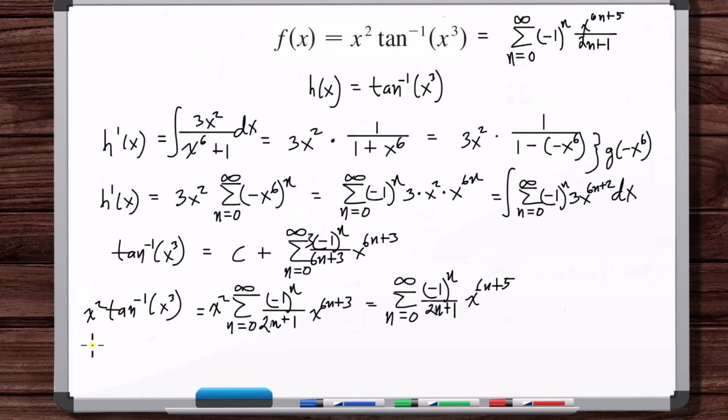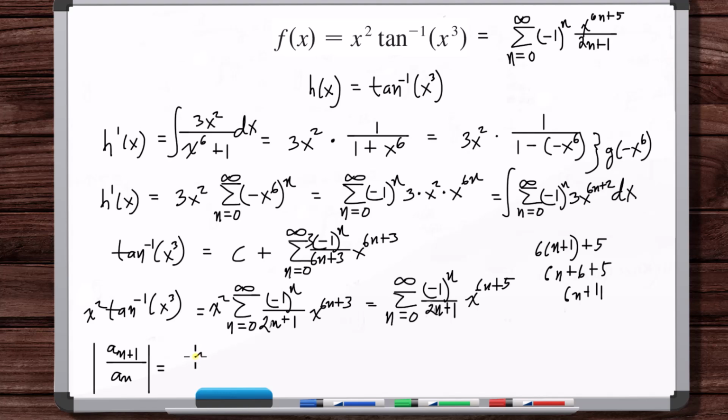So the absolute value of, okay, n plus 1 times 6, that's 6n plus 6 plus 5. That's 6n plus 11.